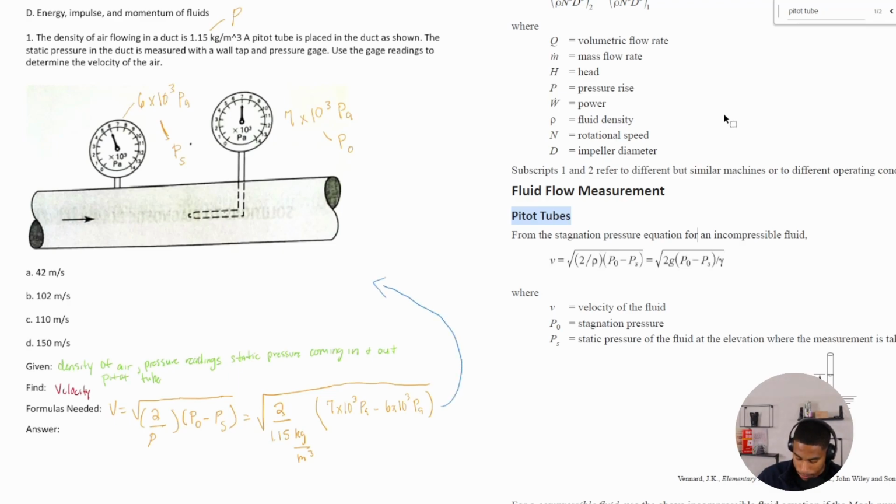So I get the square root of 2 over 1.15 kg per m cubed times 1,000 pascals. All right. How do we get pascals to go into kilograms, or get some units to cancel?